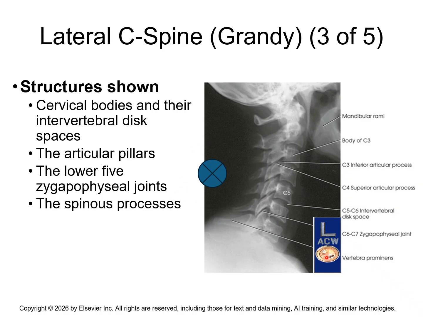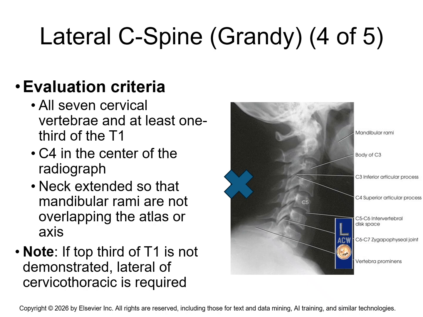We're going to mark anteriorly on everyone, and then they have lifted the chin up enough that the gonion of the mandible is not in C1 and C2. Obviously, I need all 7 cervical and at least a third of T1, C4 in the center of the radiograph, which is exactly where they have it here.